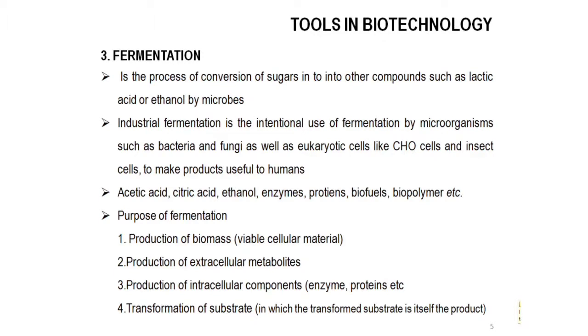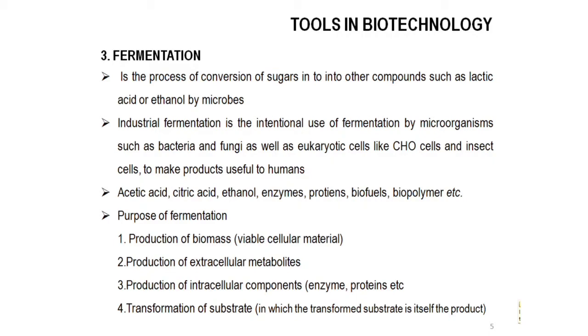The next tool used in biotechnology is fermentation. We know that it is the process of conversion of sugars into compounds such as lactic acid or ethanol by microbes. That means these microbes use sugars to produce compounds like lactic acid and alcohol.